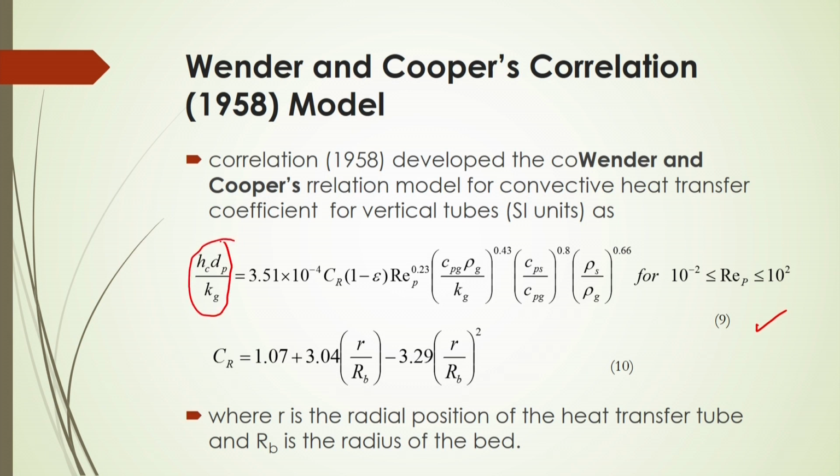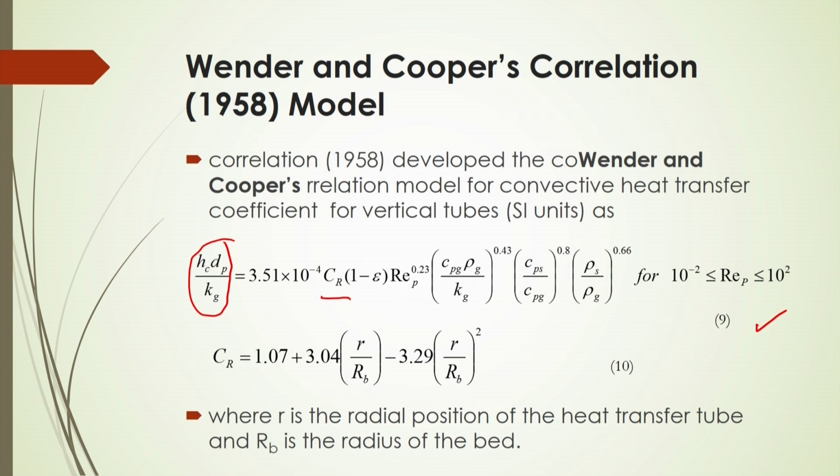They represent it in terms of CR, one important correction factor that they have considered: when the heat is supplied there will be some radial distribution of the flow inside the bed, and because of which the heat transfer distribution will vary accordingly.